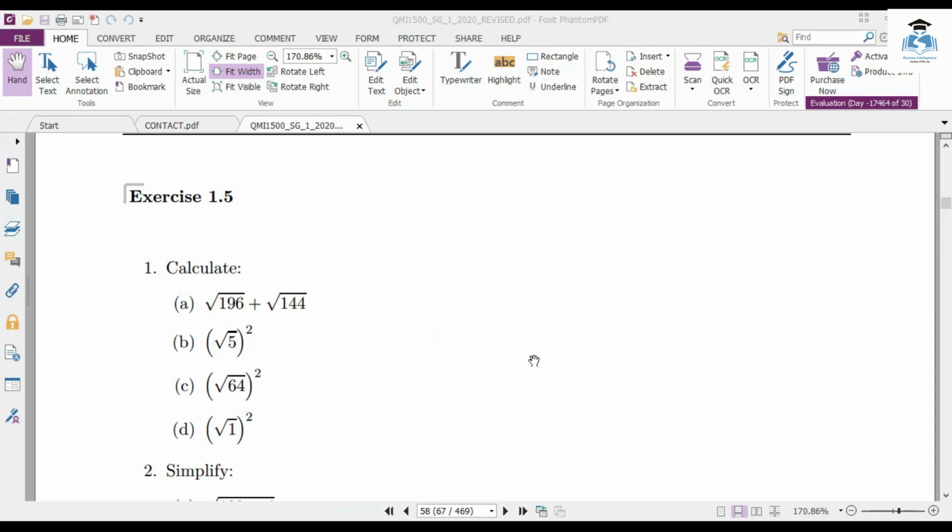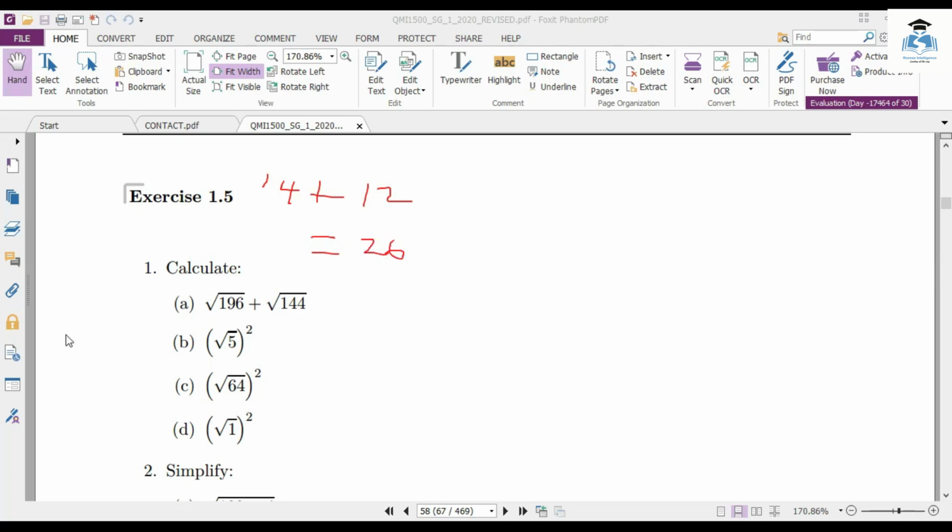You got your answer. Or if you want to do it individually, root 196 is 14, plus root 144, that's 12. Then you add the final answer, which is 26.